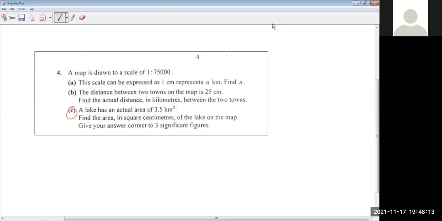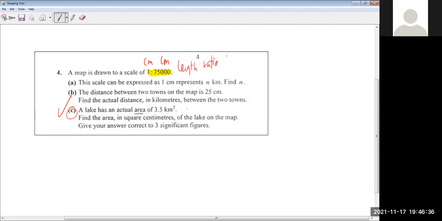If we get this question, by the way, you are already given a scale, and this scale is in cm to cm, even though they are not telling you, but actually it's cm to cm. So what you need to do, and by the way, this is a length ratio. Okay, this is length ratio. And for part C, they're talking about area.